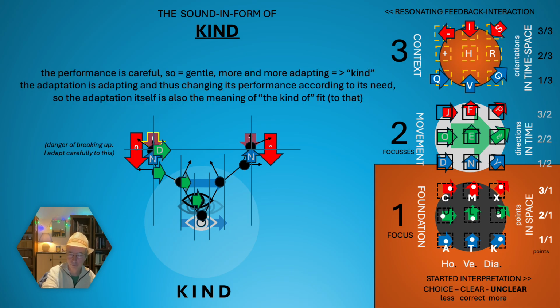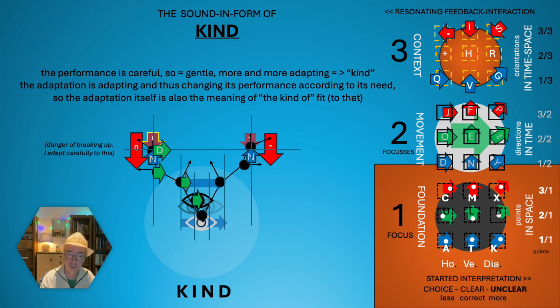Now how do we, when we compare it to the two first English words that have a certain meaningfulness, I can say that we are talking here about an adaptation to what is breaking away already, and so we have to be careful that we really do this adaptation well, so that all that's breaking away can be kept also intact, so that we can focus on it in a balanced way.